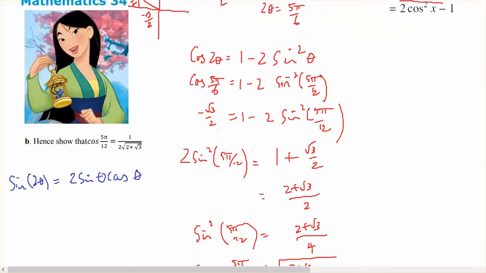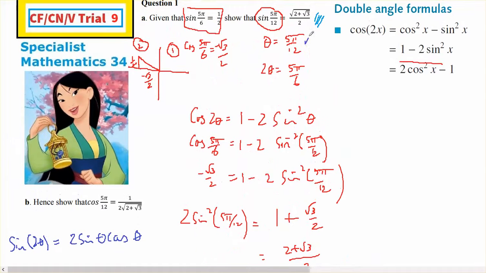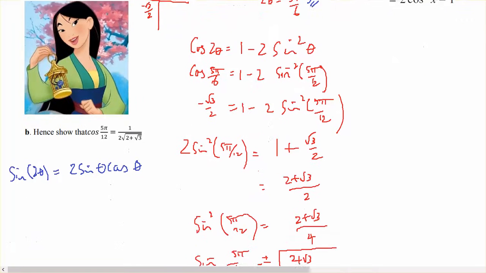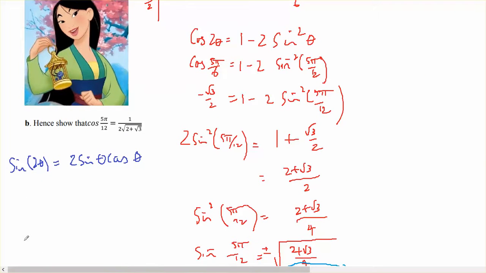I will make theta equal to 5 pi on 12, which means 2 theta will be 5 pi on 6. So I'm going to have the sine of 5 pi on 6 equals 2 times the sine of 5 pi on 12, cos of 5 pi on 12.